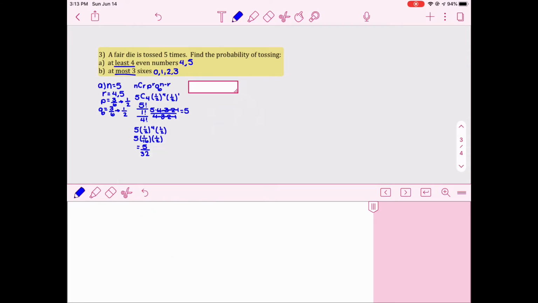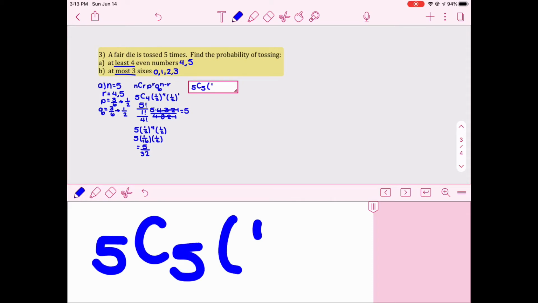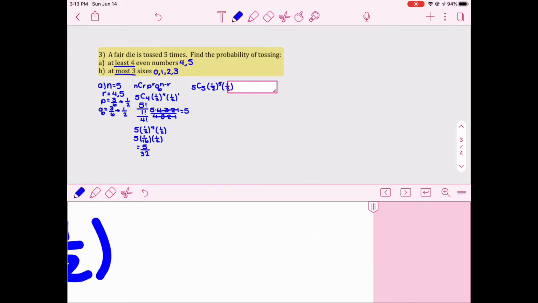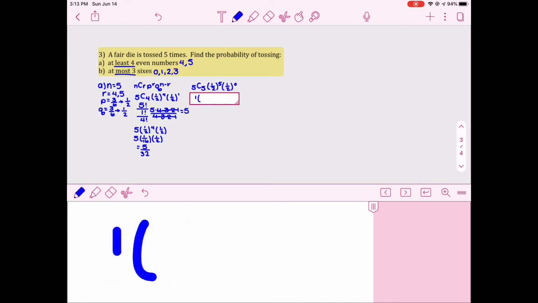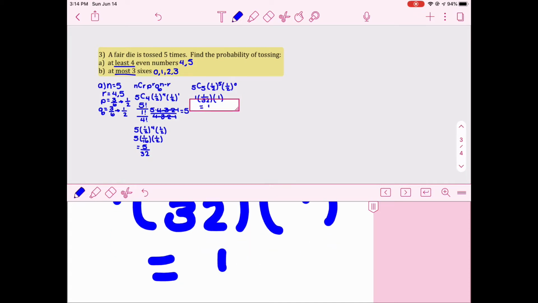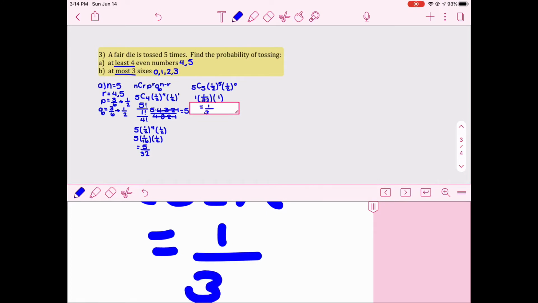Now we could start on the other part. So we have the same formula, we just changed one of the numbers. So 5C5 times 1/2 to the 5th times 1/2 to the 0 power. 5C5 is 1. 1/2 to the 5th is 1 over 32, and anything to the 0 power would be 1. So then you would have 1 over 32.